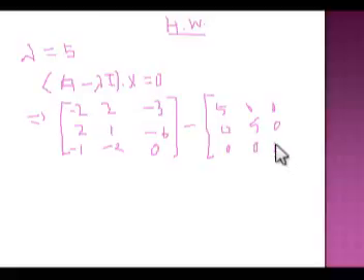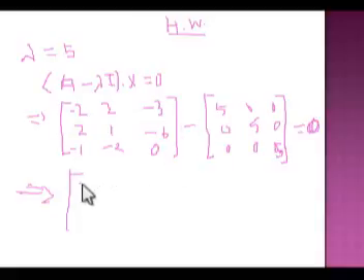So I have to subtract. Both are order 3 matrices, so the zero matrix also will be of order 3. I am not writing the order 3 zero matrix. Now if we subtract, we will get minus 2 minus 5. This there will be minus 7. Sorry, and also x.